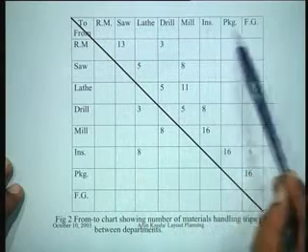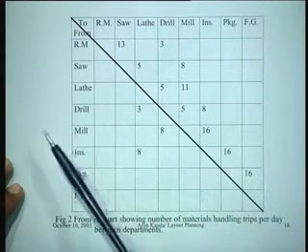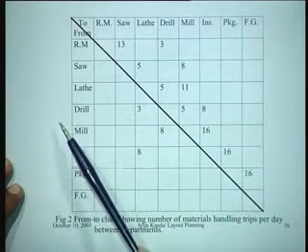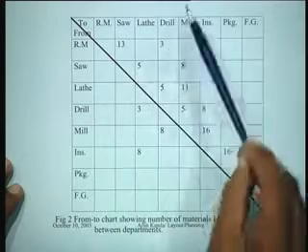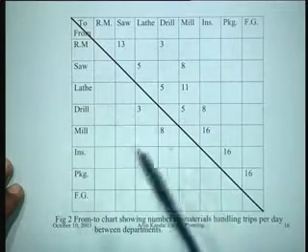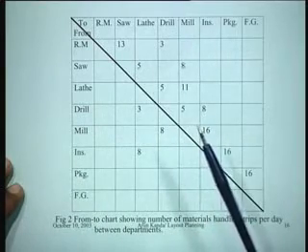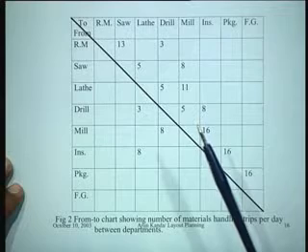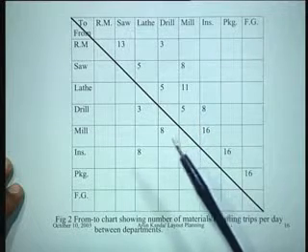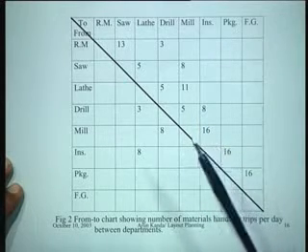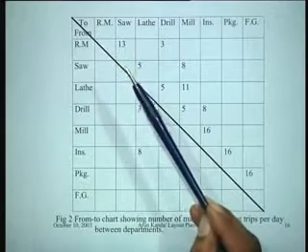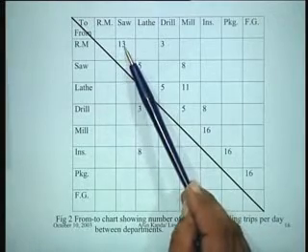So same departments here and so on. So what we are trying to basically find out is what is the total movement from these to this. So it's a from to chart. It's very much like a distance chart, which says what are the distances from one pair of cities to another pair of cities. For instance, what you find is that everything begins from the raw material stage, right?